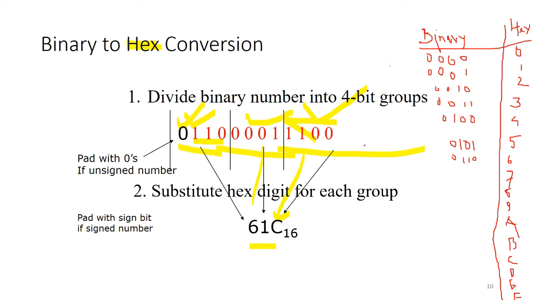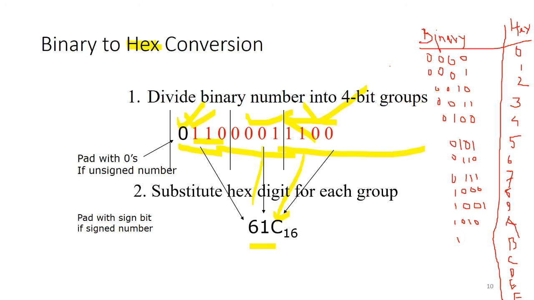And after that 7 is 111 paired with a 0. 8 is 1000. 9 is 1001. Then A is 1010.